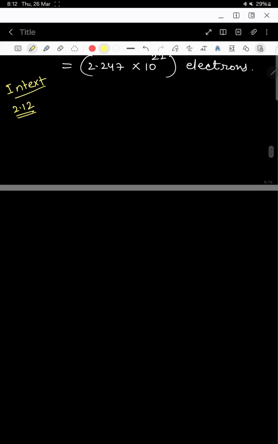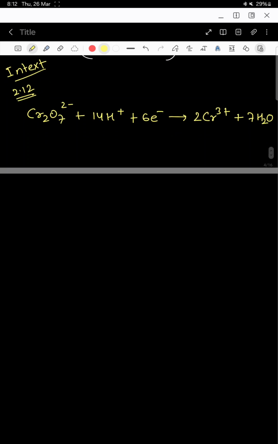So it says there is a reaction, dichromate Cr2O7 2 negative plus 14H plus plus 6 electrons, giving you 2Cr3 plus plus 7H2O. So the question says, what is the quantity of electricity in coulombs needed to reduce 1 mole of Cr2O7 2 negative?